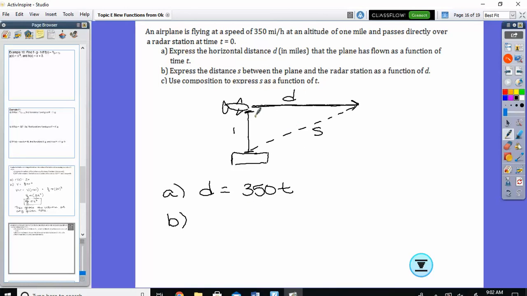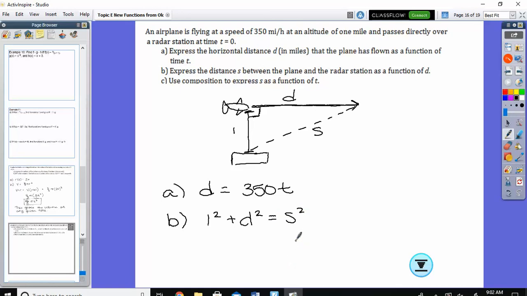This was a horizontal, this was a vertical, so this would be a right triangle. What formula can you use in a right triangle? a squared plus b squared equals c squared.